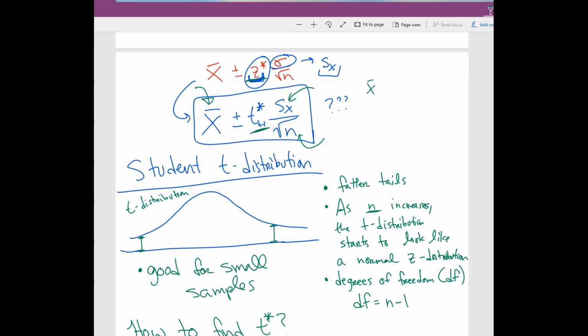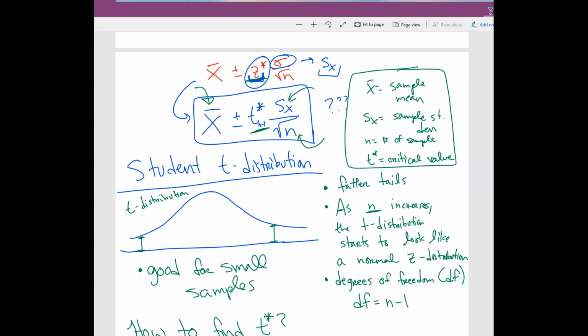Remember, X bar is the sample mean, S sub x is the sample standard deviation, and n is the number of samples. T star is the critical value for T.